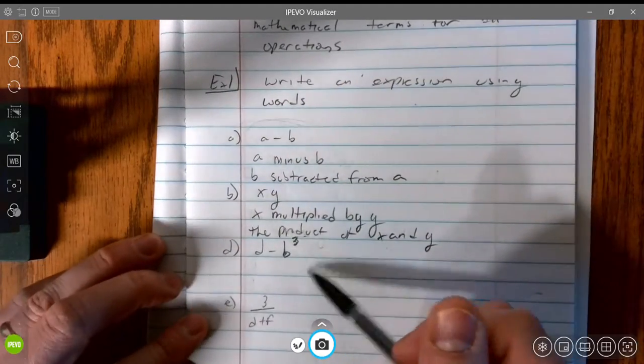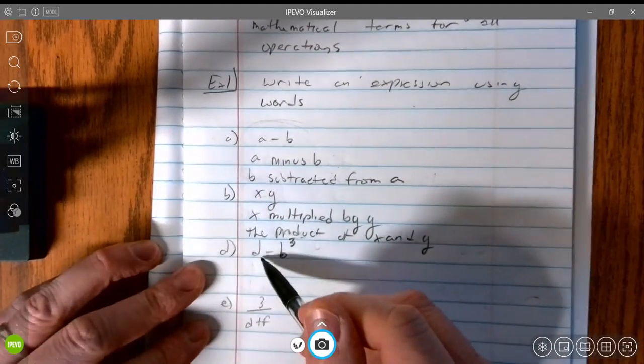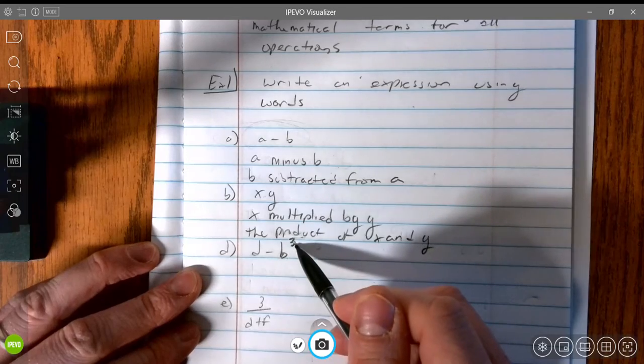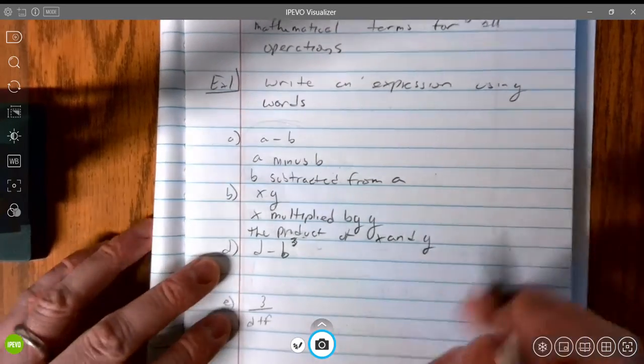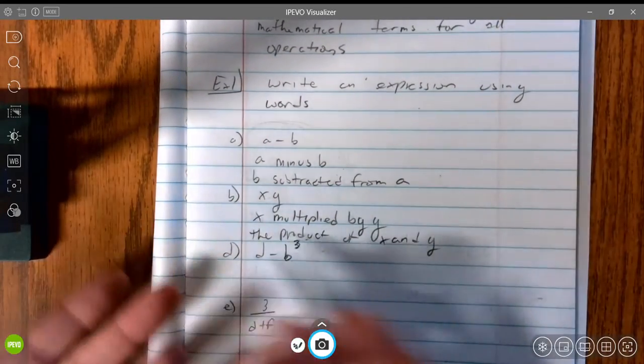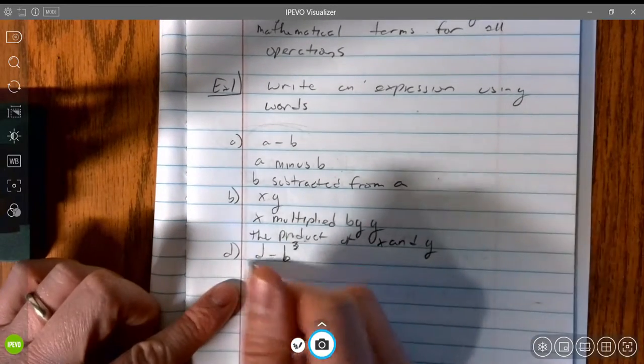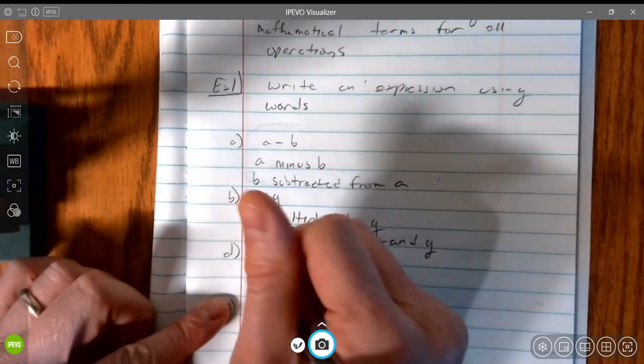So for D, I have an exponent. I have D minus B to the third power. Again, I'm just going to write an expression that describes what I see up here.